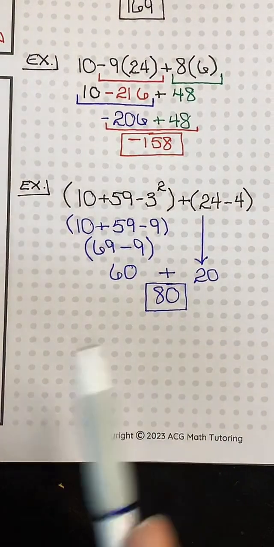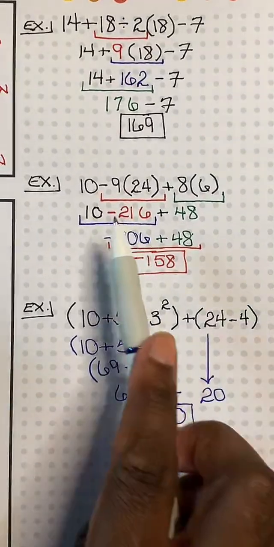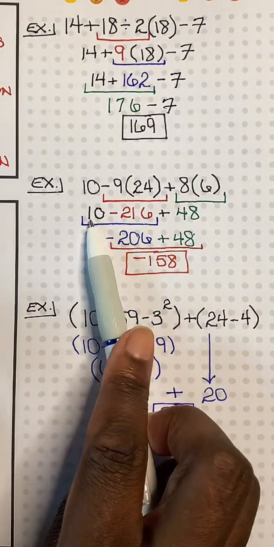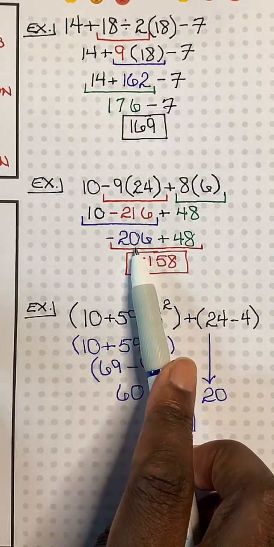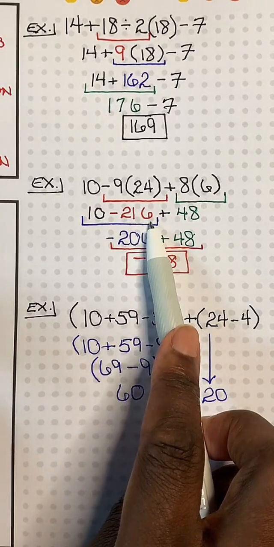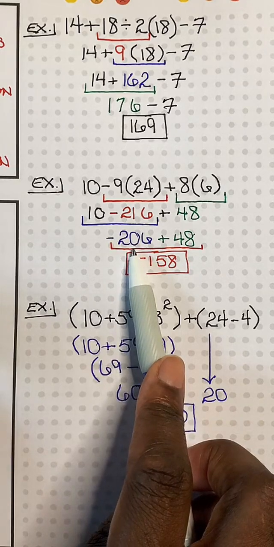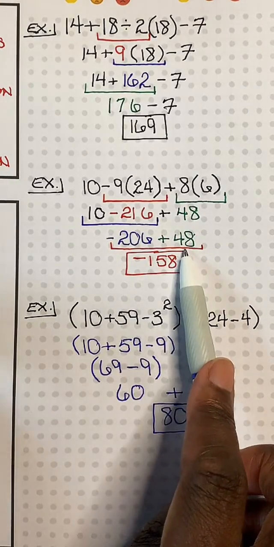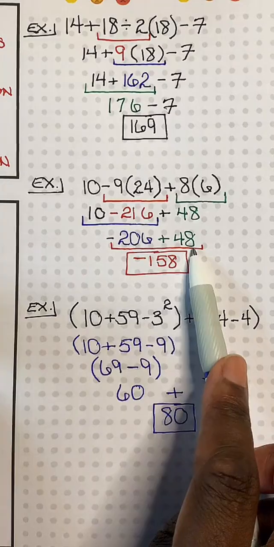So this is why a lot of us, for the previous question, again, from left to right. So 10 minus 216 gives me a negative 206, right? You owe me $216. You gave me $10. You still owe me $206. Give me my money. All right? Brought down the plus 48 from left to right. Negative 206 plus 48.